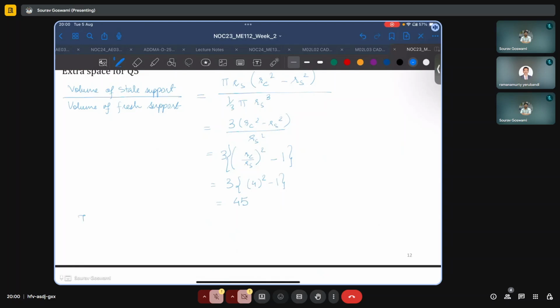And thus the volume of stale supports is 45 times that of fresh support for the given condition where RC by RS is 4.